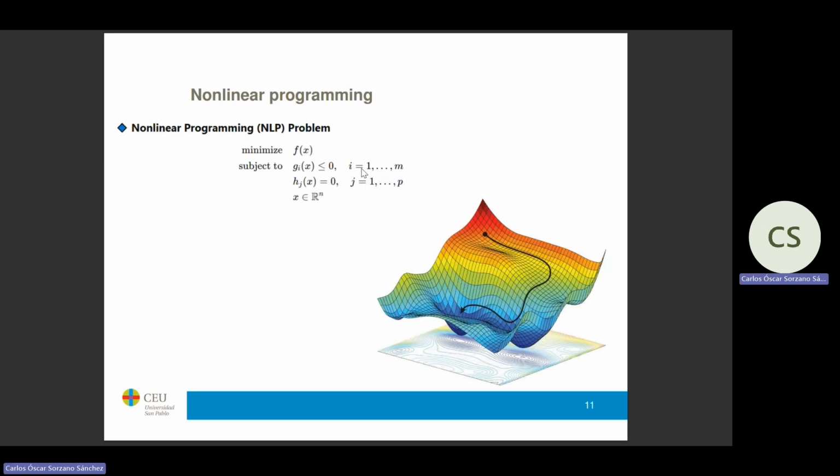So again, the most general formulation of a nonlinear program is this one. You have to minimize something with respect to some inequality constraints, G, and some equality constraints, H, and the X are continuous variables.